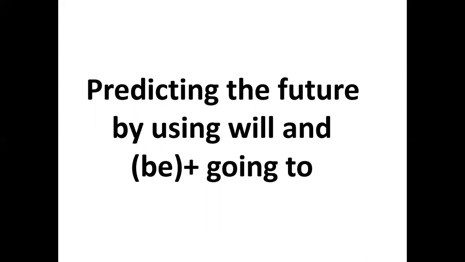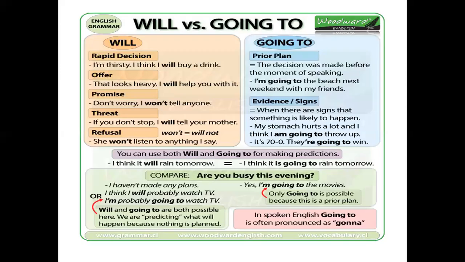So you should understand in what cases I can use will and in what situations I can use am, is, are plus going to plus infinitive. So let's start. Students, all of you ready now? Okay, let's start. These are the situations in which I can use will, and these are the situations in which I can use going to.